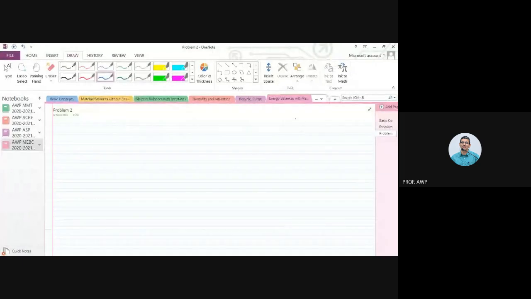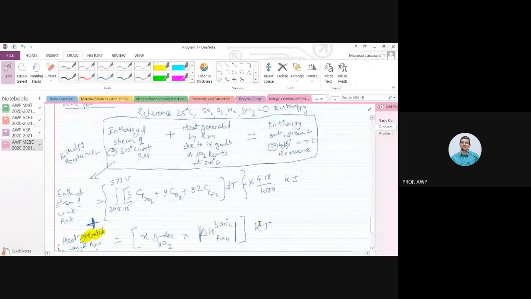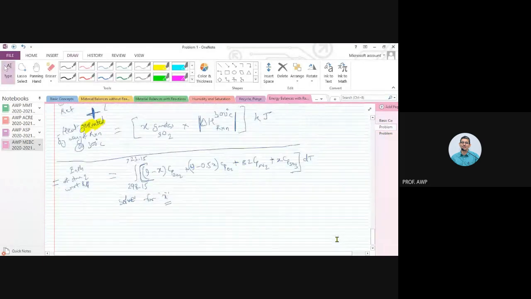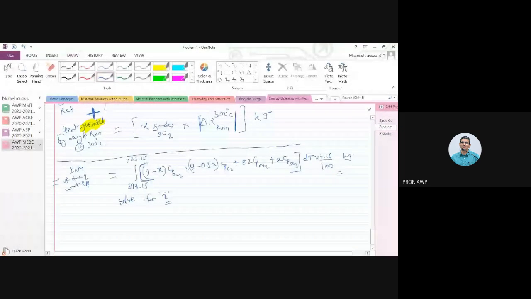But I will just give you some simple situations so that we avoid this lengthy integration. This integration takes time, and then there are more chances of making mistakes. Obviously, this also will have to convert to 4.18 and divide by 1000, so that this also is in kilojoules.